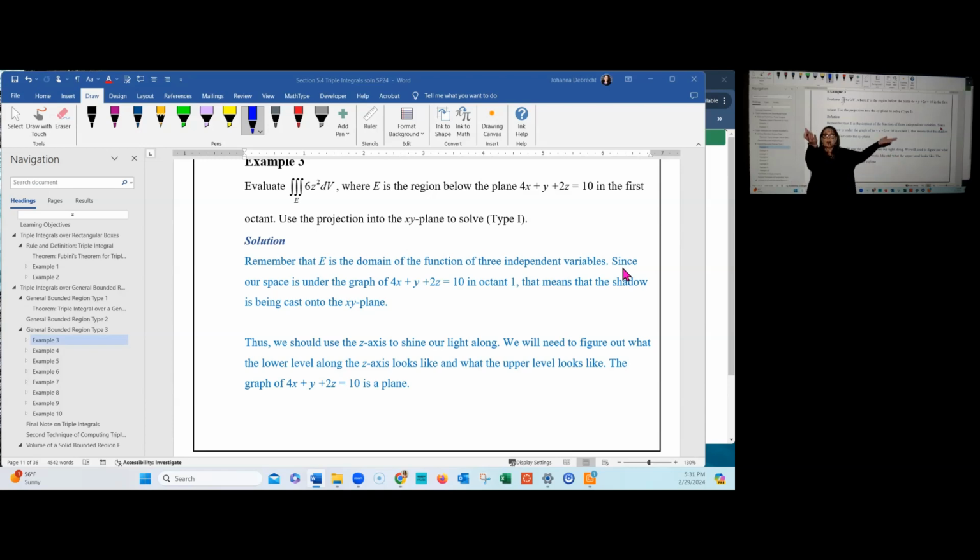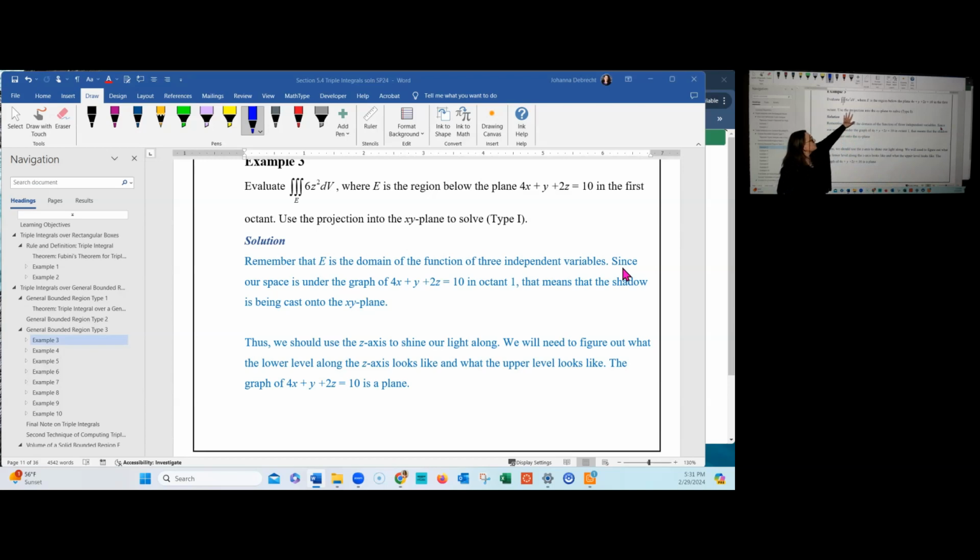We have above the xy plane 1, 2, 3, and 4, and below the xy plane 5, 6, 7, and 8. So if we want to be in octant 1, we're above the xy plane, we're in quadrant 1, and we're below the plane given by 4x plus y plus 2z equals 10.